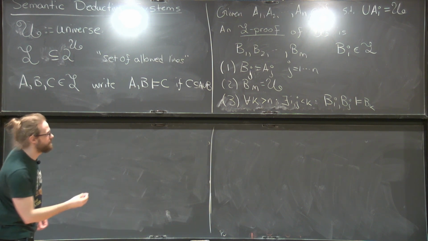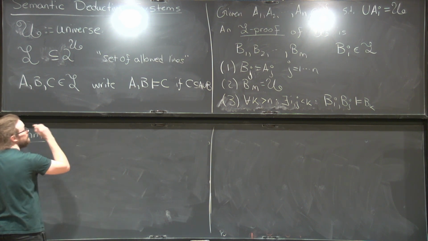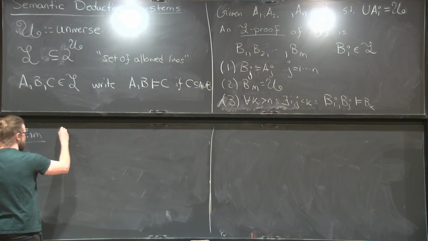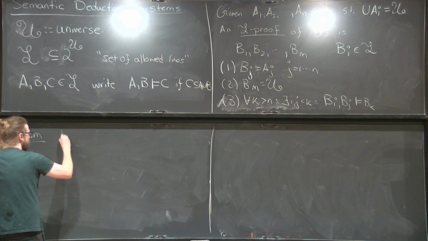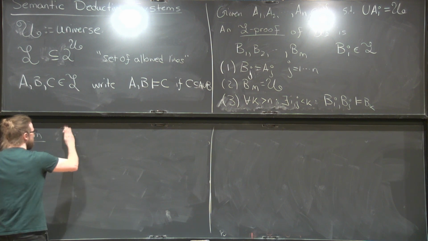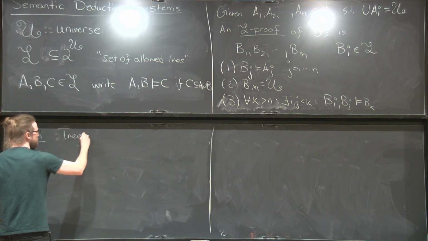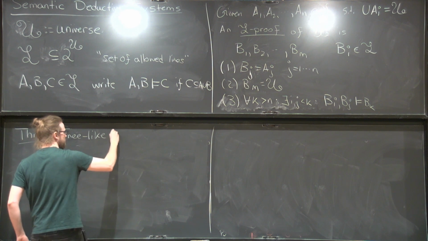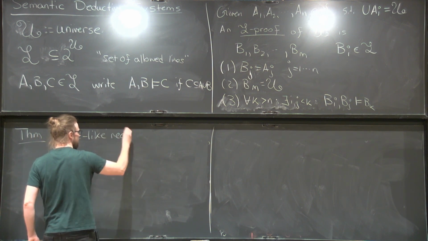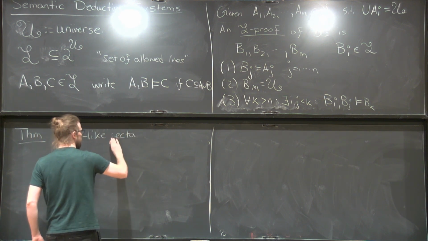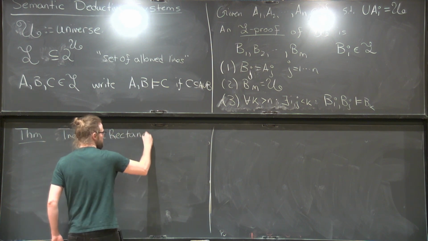So here's another very simple theorem in the style of Karchmer-Wigderson, which is just going to say that tree-like rectangle proofs.